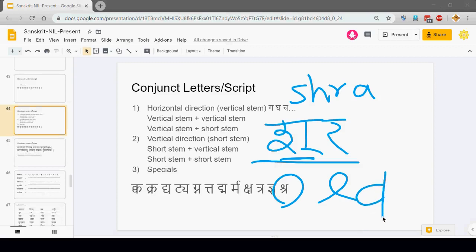And if it is a ra following that sha, as usual we write that slant line at the bottom, shra. So Shri is written like this, the shra and the following vowel, Shri.